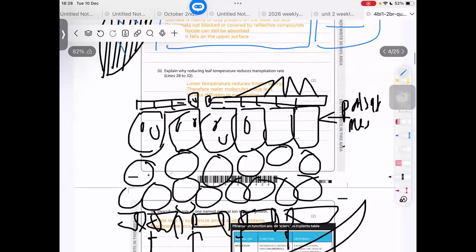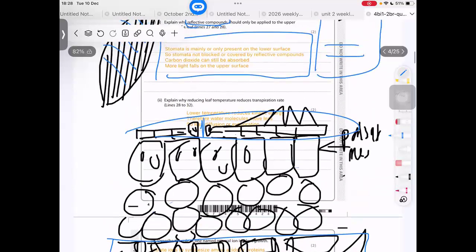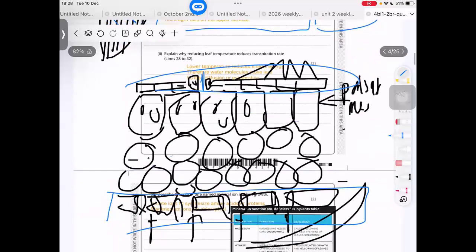So basically, when compared to the upper epidermis, if you take a look at the lower epidermis, the number of stomata in the lower epidermis is considerably higher. Because of that, if you apply reflective compounds on the lower surface, important gaseous exchange will be lost, right?